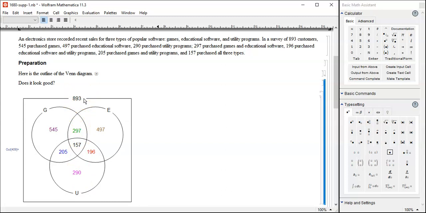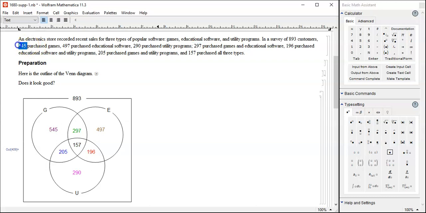So what's wrong? Many people were counted double or triple. For example, the 545 people who purchased games include not just those who purchased only games, but people who purchased games and educational software. These people are counted both in 545 and also in 497. And how about these people? 196 purchased educational software and utility programs.